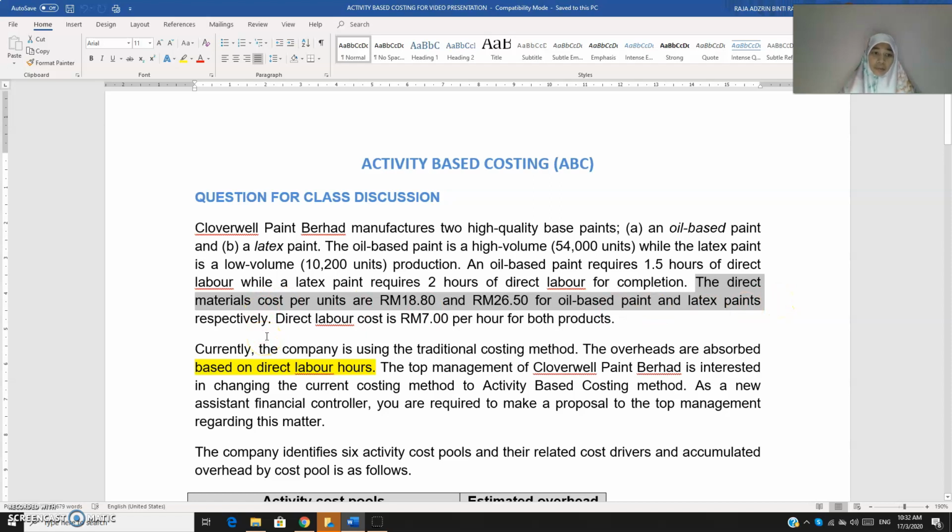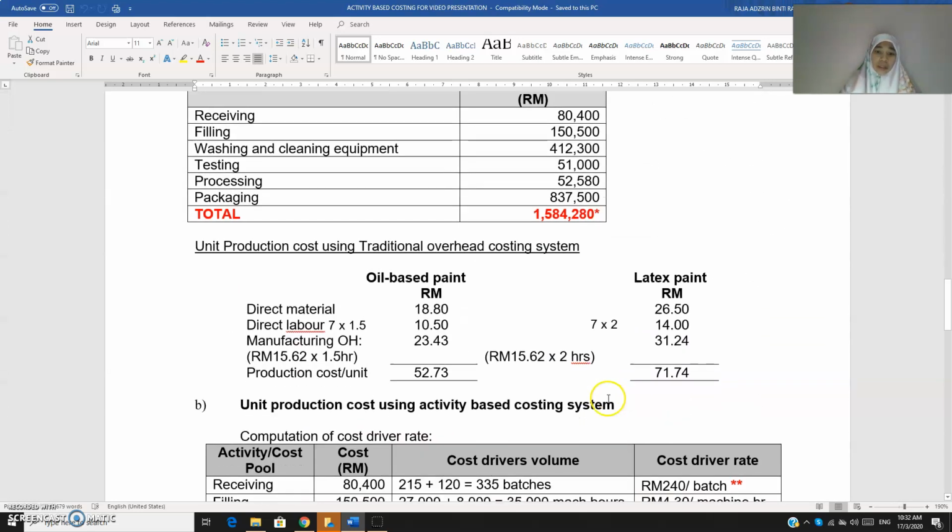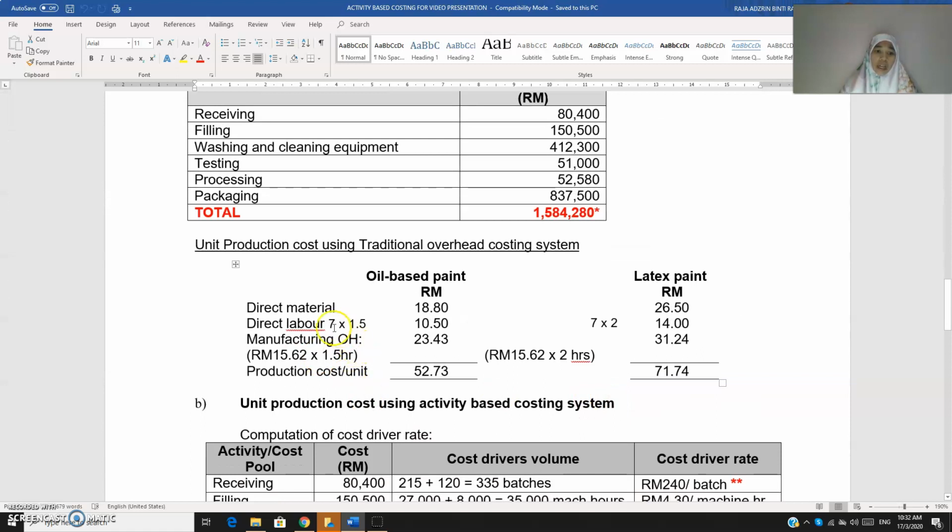So you take it from there. Then for your direct labor, it is given that direct labor cost is 7 ringgit per hour. Therefore, you have to times with the hours consumed by that product. Accordingly, you will have 7 times 1.5 and 7 times 2, giving you these two figures.